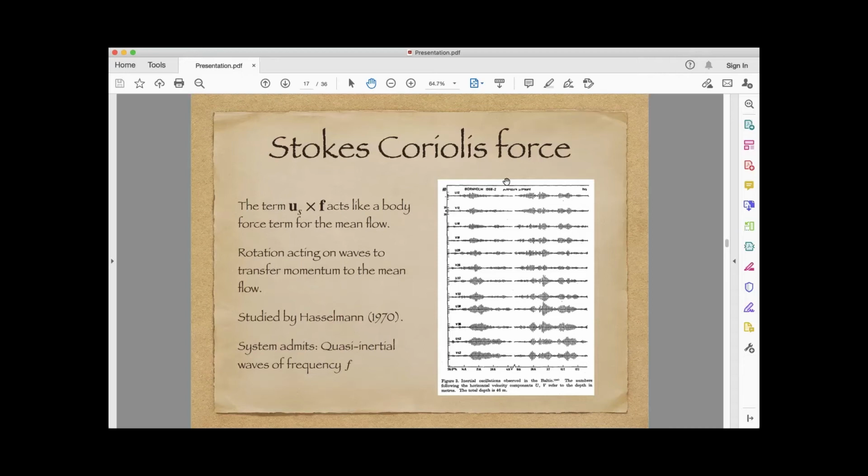So you have a mean flow which is driven by these waves, and it oscillates at a frequency f. If you need more information about this, you can read Hasselmann's work, but I won't talk much about these quasi-inertial waves.